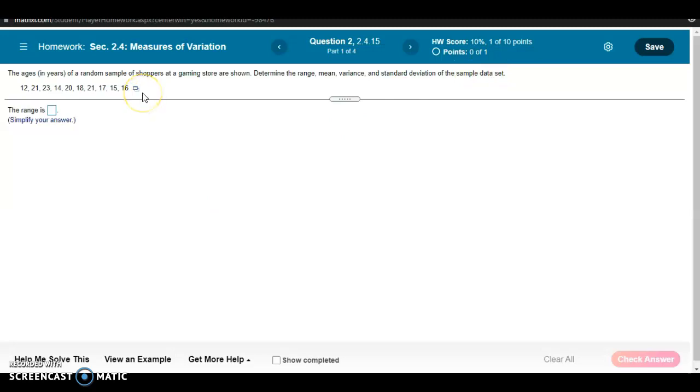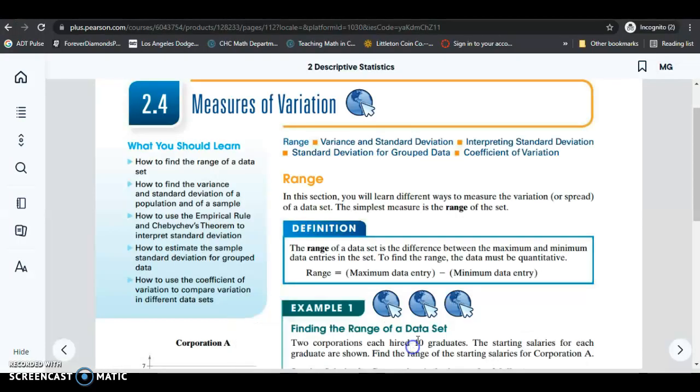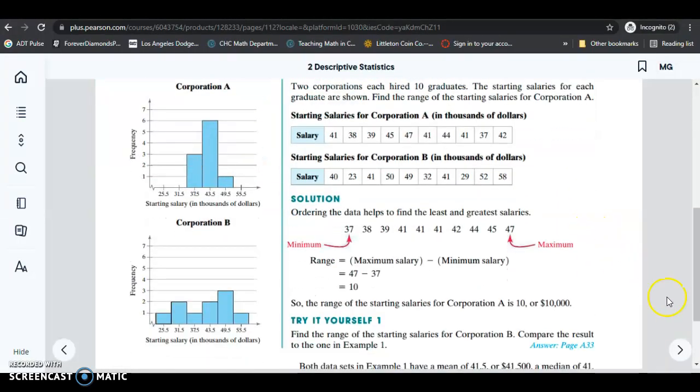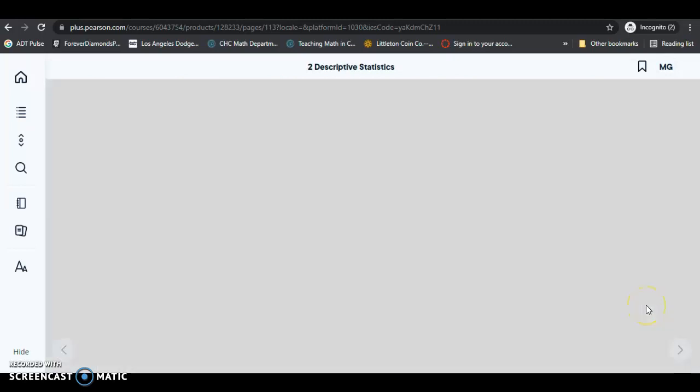Before we proceed, let's go to the ebook and see what the book does about determining the other measures of variation. Remember that other than the range, there are the standard deviation and the variance, which are also measures of dispersion.